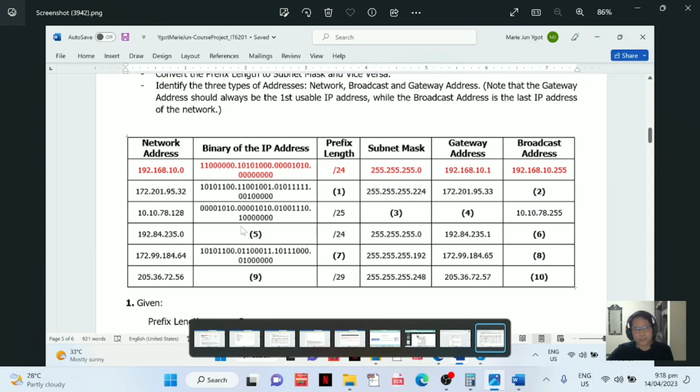So we need to convert the decimal form IP address into binary form. In order to get the binary form, we have to know the network address. So this is our network address, 192.84.235.0.